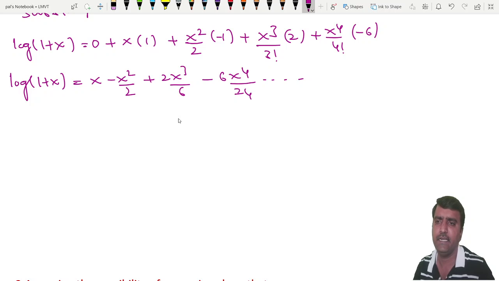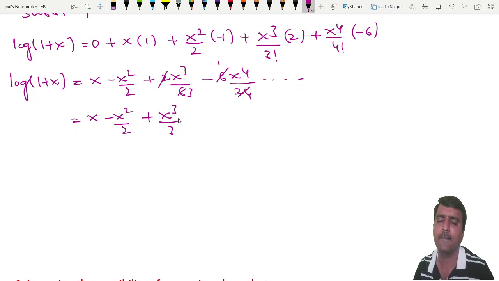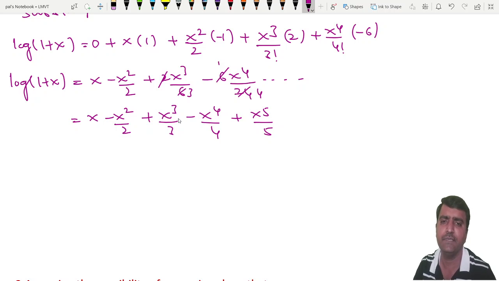So similarly it continues, which is equal to x minus x square by 2 plus x cube by 3, because 2 ones are 2, 2 3s are 6, 6 ones are 6, 6 4s are 24. So minus x to the power 4 by 4. So similarly you can guess the next terms, x to the power 5 by 5 minus x to the power 6 by 6. Alternatively you will get plus minus plus minus. So this is the Maclaurin's expansion of log of 1 plus x.